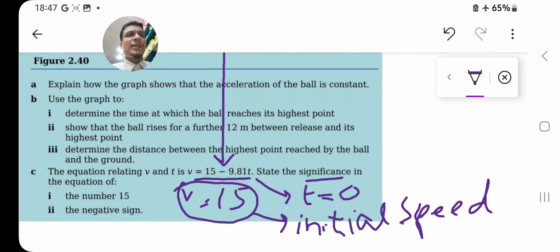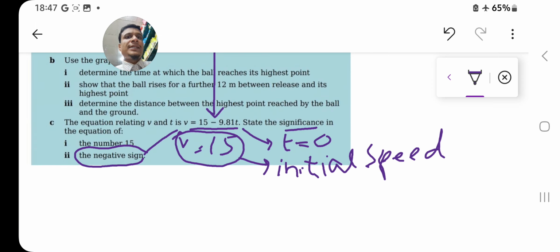Also they are asking why this equation contains the negative sign. We will say that this negative sign is the acceleration due to gravity, and the ball is going upward.